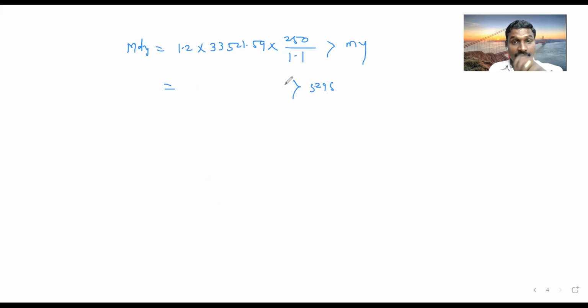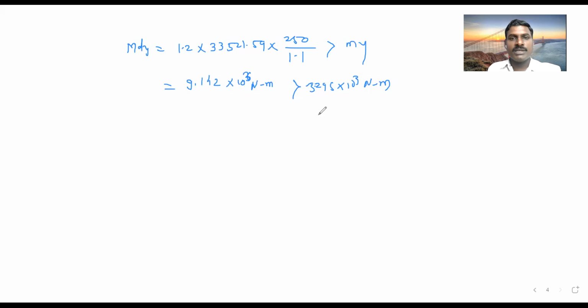So what is the value of MDY? 9.142 into 10 raised to 6 Newton mm. So 10 raised to 3 Newton meter, correct?